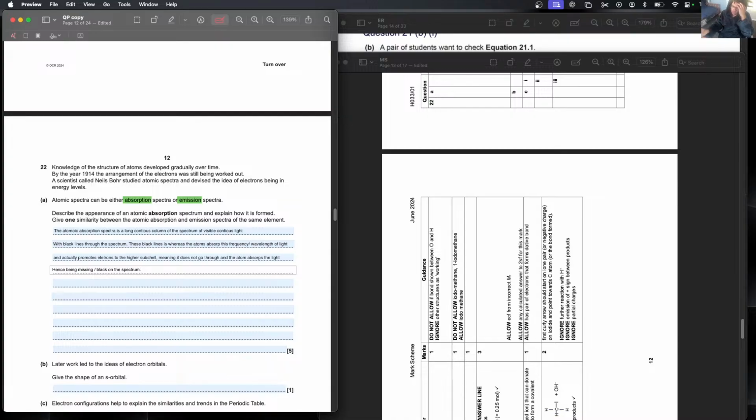I'm pretty sure it's visible continuous light spectrum. I don't think there's any other names to add there. So I've done that.